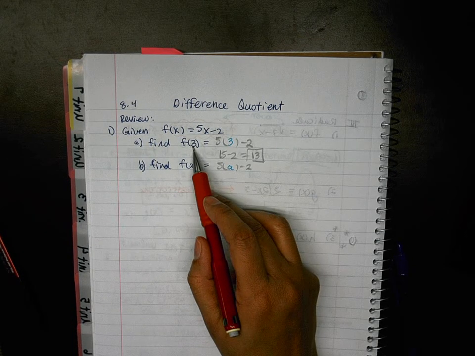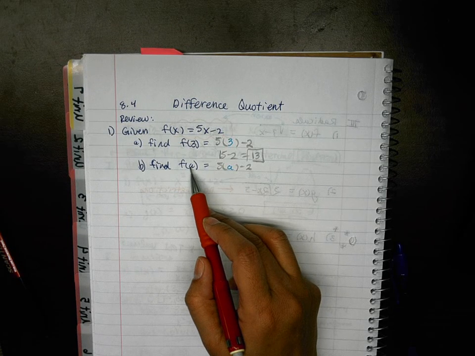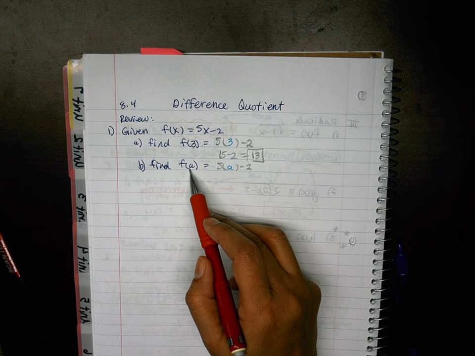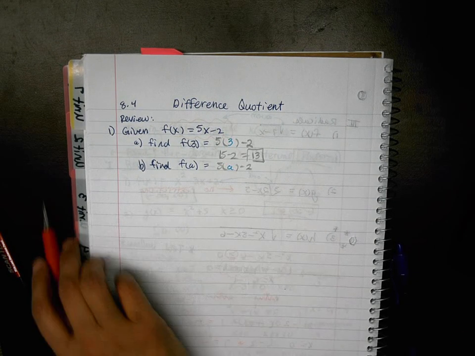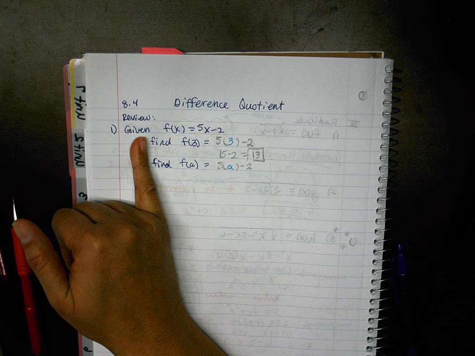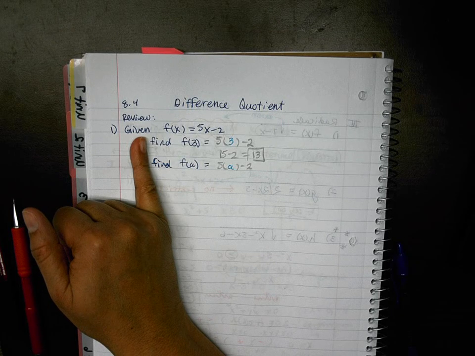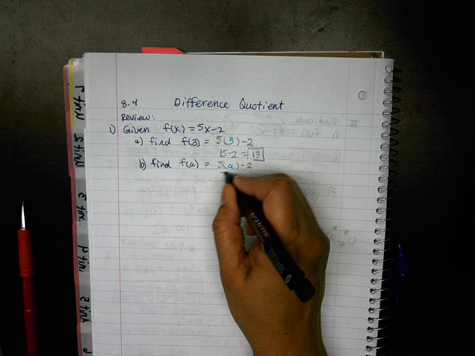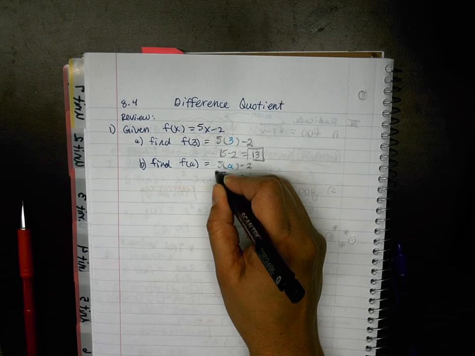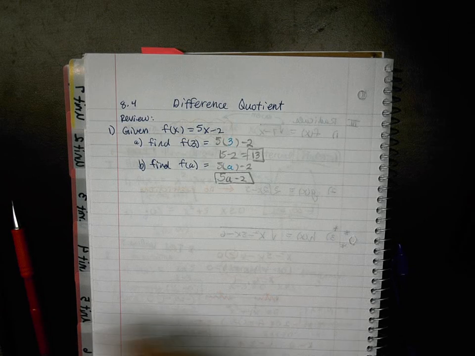This one I plugged in 3, for B I'm plugging in A. Okay, I see where you guys were saying 13. I didn't mean it like that, it's just the letter A. Sorry for the confusion. All right, so what's 5 times A? 5A, and 5A minus 2 is just that. 5A minus 2. Got it?